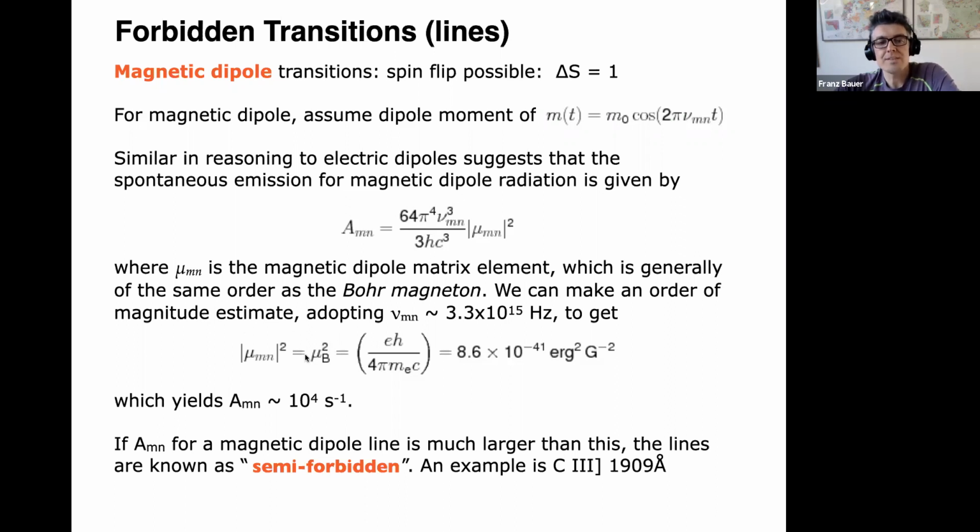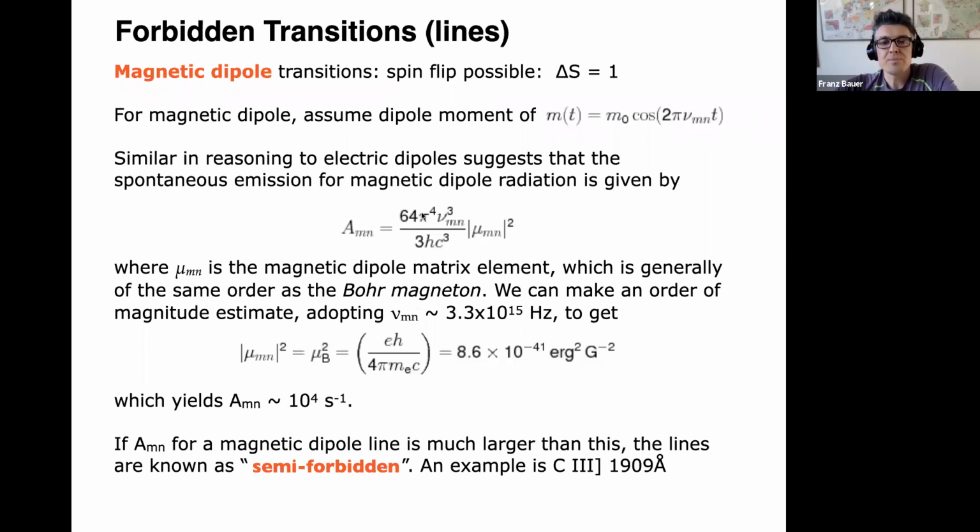This is equivalent to our Bohr magneton, and this is equivalent to this set of coefficients: our charge, our Planck constant, our mass of electron, our speed of light, 4 pi. So this thing is about 10 to the minus 40 or so in terms of erg squared per Gauss squared.